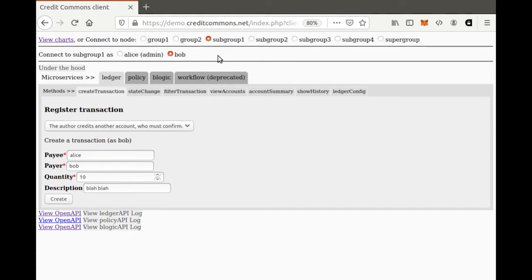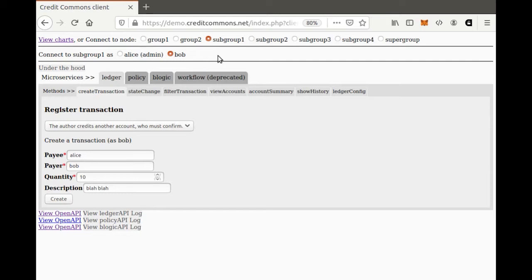There isn't any authentication as such within the Credit Commons if you want to connect as a user, but when the nodes connect to each other, they connect as remote nodes, and there is a kind of handshaking process because you have to make sure that the connection is integral between the two nodes, which is to say that they're keeping the same ledger records, so they have the same balance with respect to each other. So in this reference implementation, you can simply choose a user to log in as.